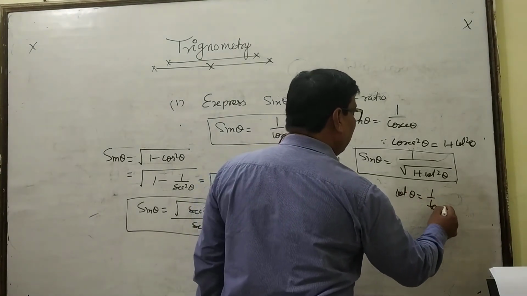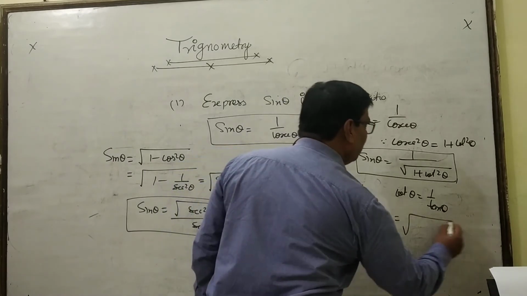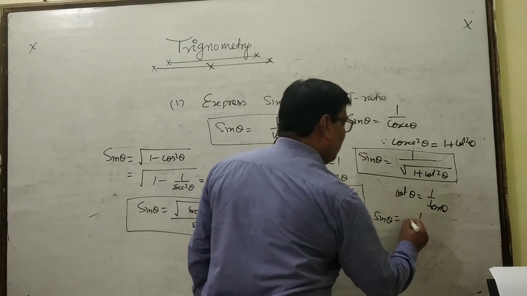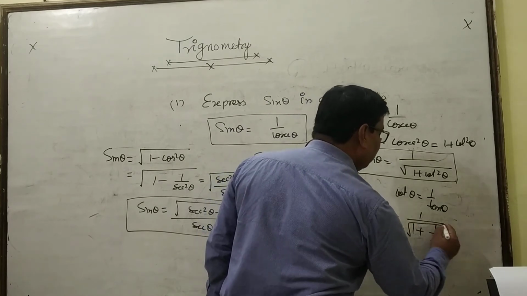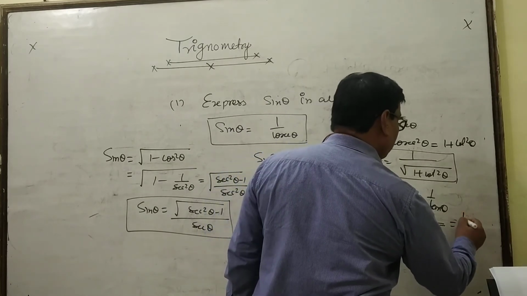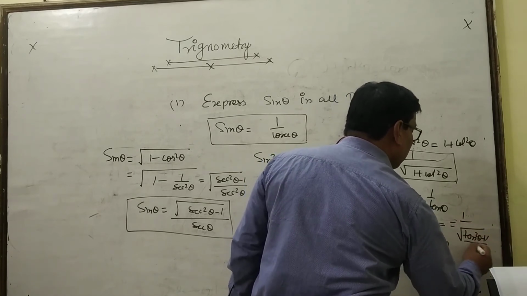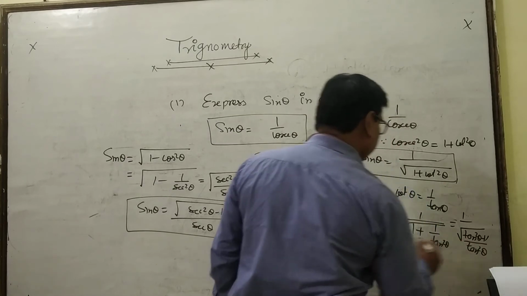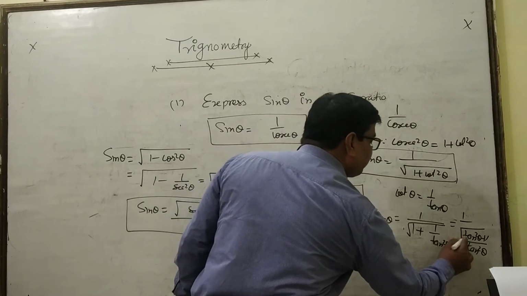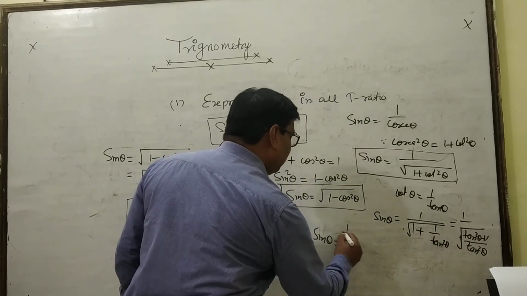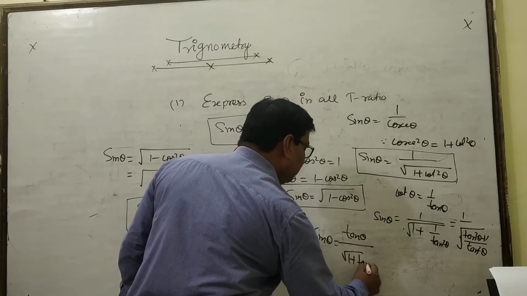So you can also convert into tan: sine theta is equal to 1 upon under root 1 plus 1 by tan square theta. So you will write 1 upon under root tan square theta plus 1 upon tan square theta, and sine theta is tan theta upon under root 1 plus tan square theta.